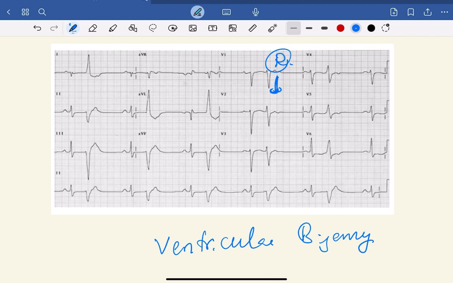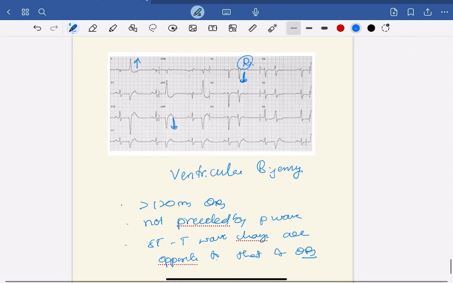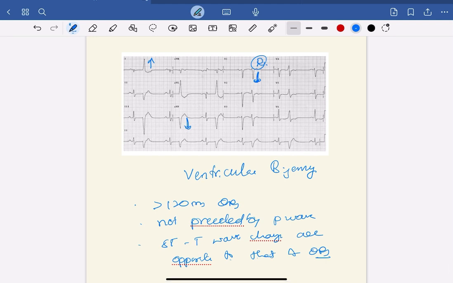For that you have to see the axis. In lead 1 it is upright, in lead aVF it is predominantly down. So both are leaving each other, so it is left axis deviation. When there is a right-sided focus with left axis deviation, it is seen in the apex. So here the focus that is generating the ventricular premature complexes is present in the right ventricular apex.